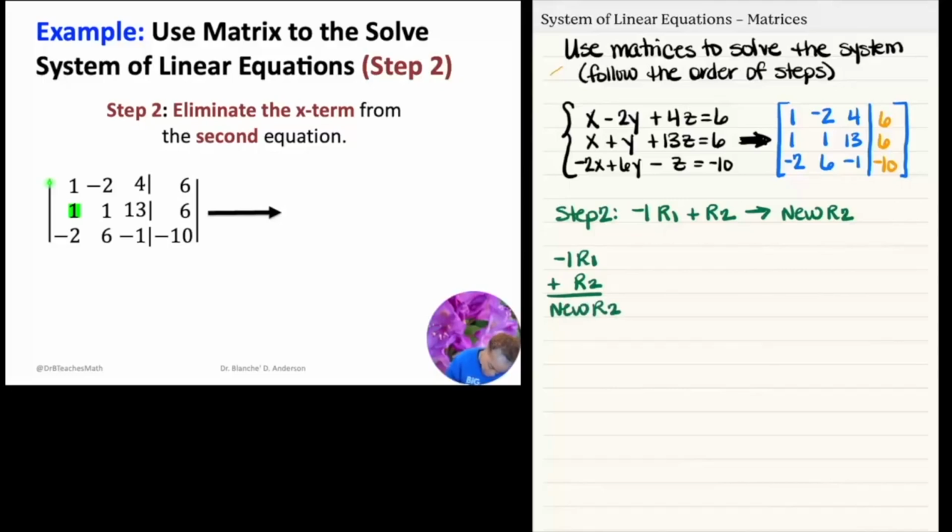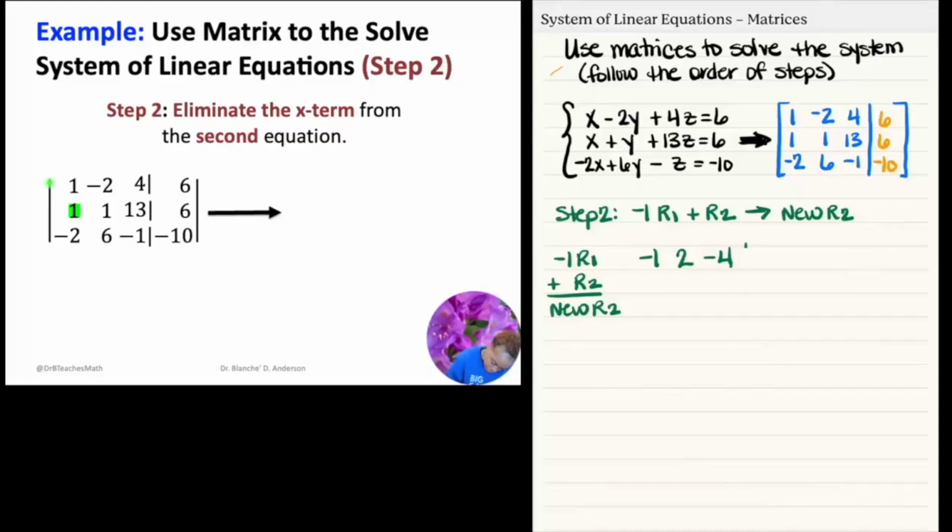So I'm looking at this row first. -1 times row 1, so -1 times these numbers. -1 times 1 is going to be -1. -1 times -2 is going to be a +2. -1 times 4 is going to be a -4.